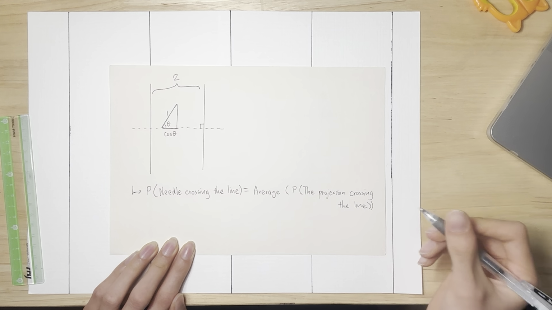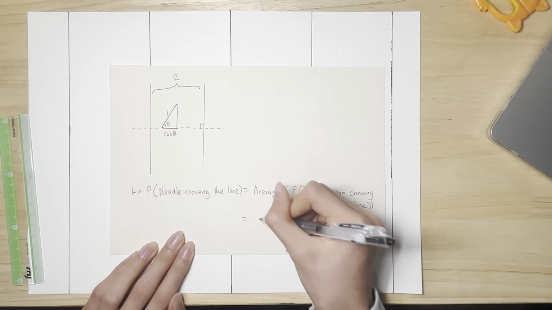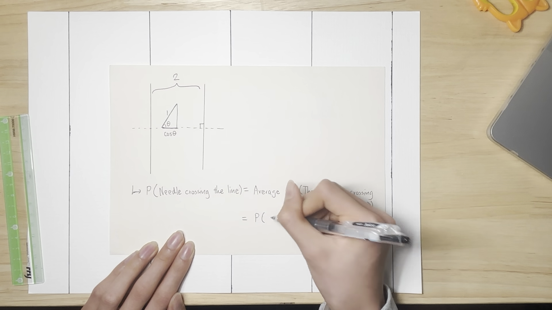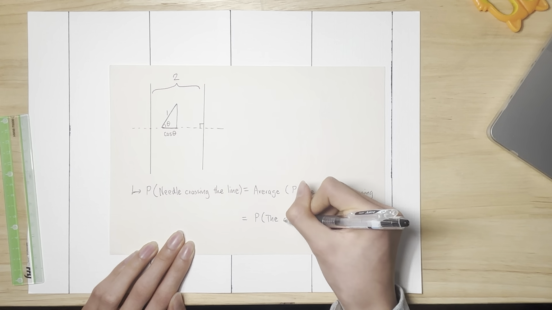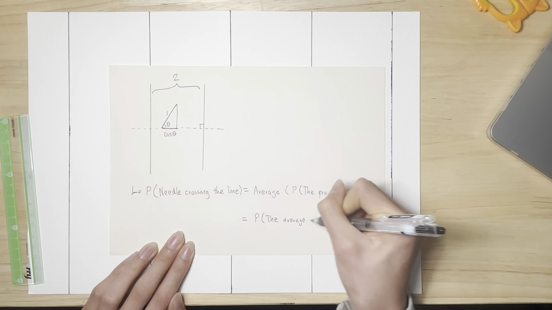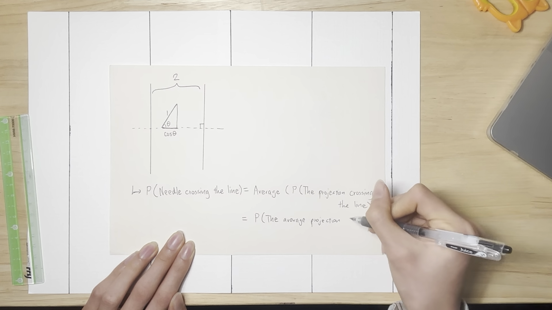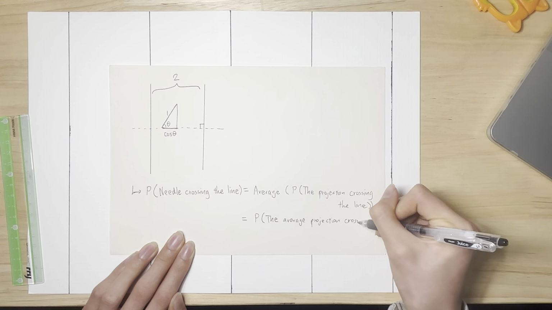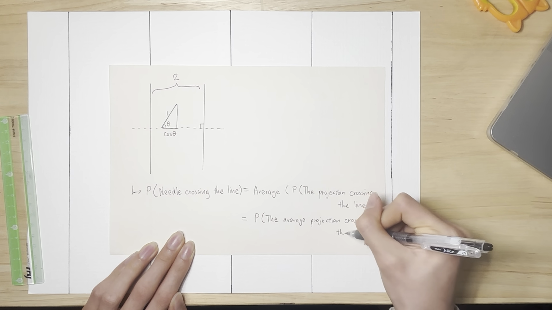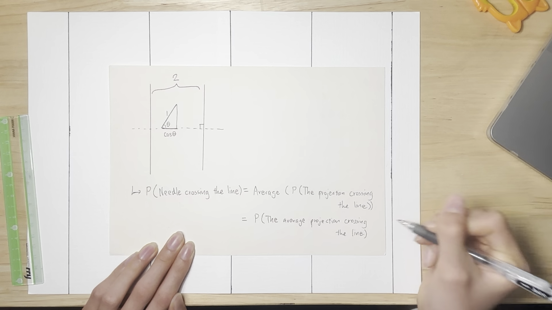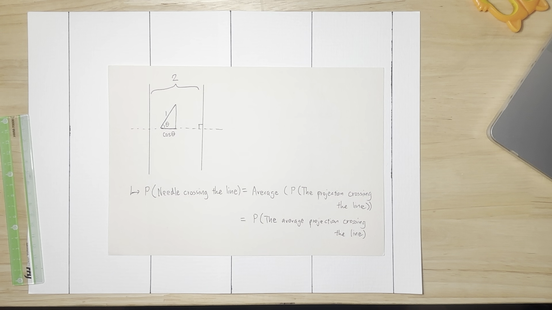And this, of course, equals the probability of the average projection crossing the line. Now, the hard thing about this is that we need to find the average length of the projection.